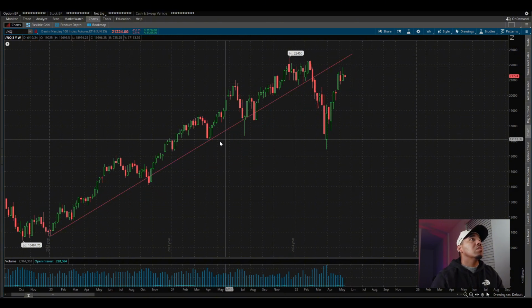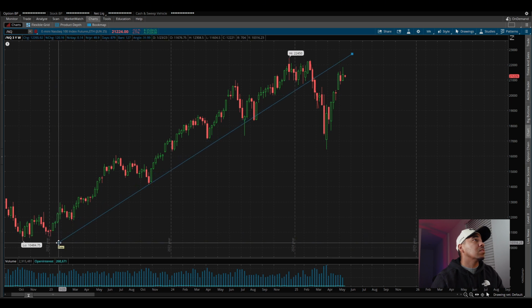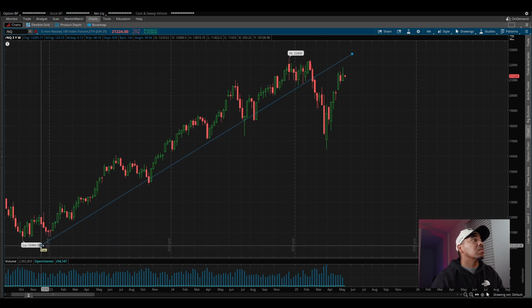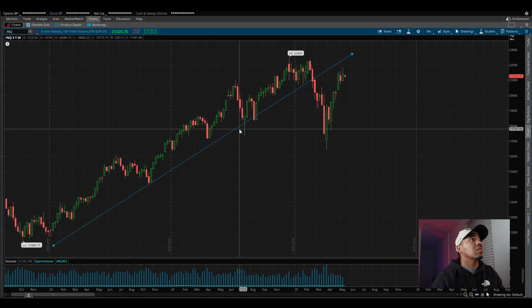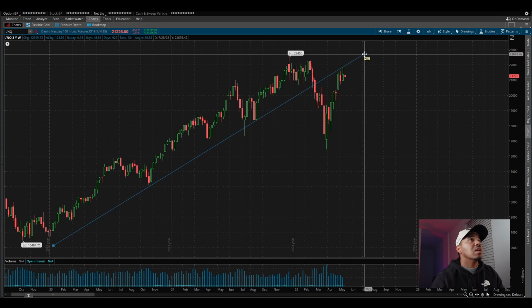The reason we do this is so we can understand what exactly the trends are that are happening in the market. This right here is an outlier day, so we won't pay too much attention to that.